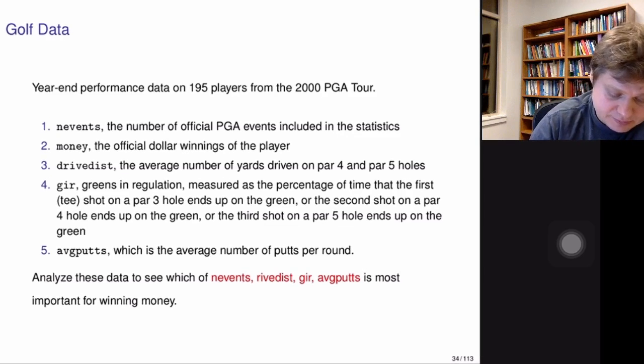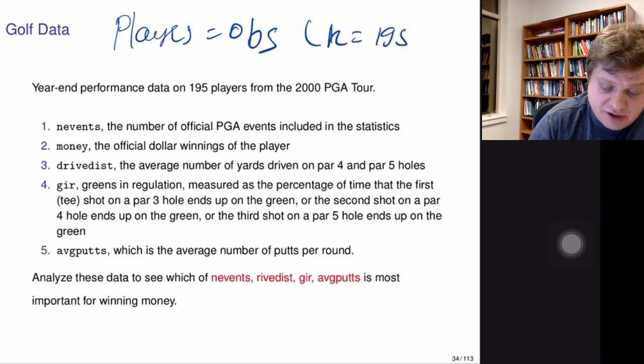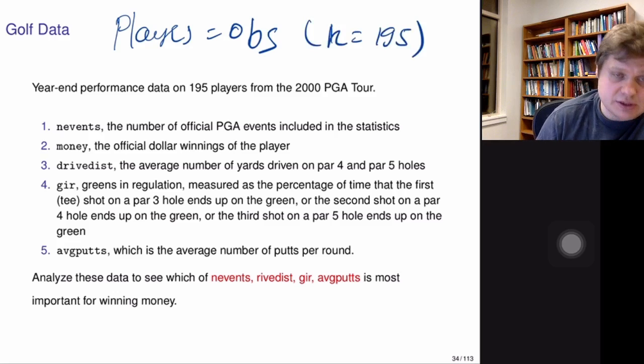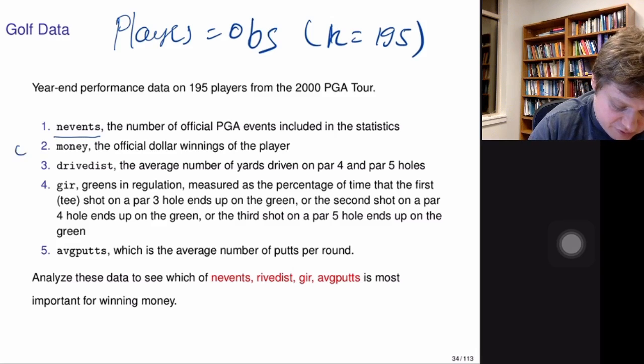So the player is our observation, and n, the number of observations, is 195. For each of the players, these are the variables in the data set, the columns: number of events, so how many events this player participated in, and prize money, which is going to be our y variable.